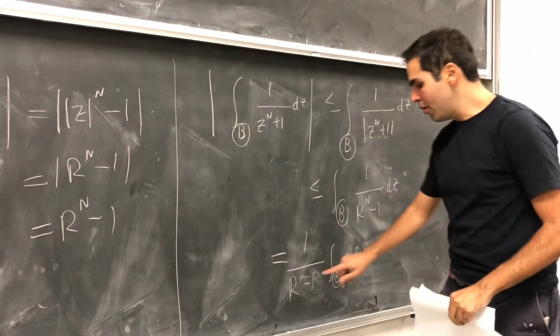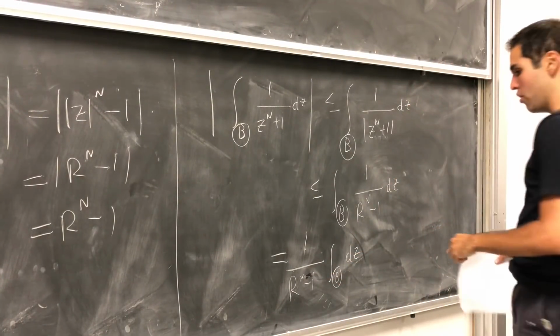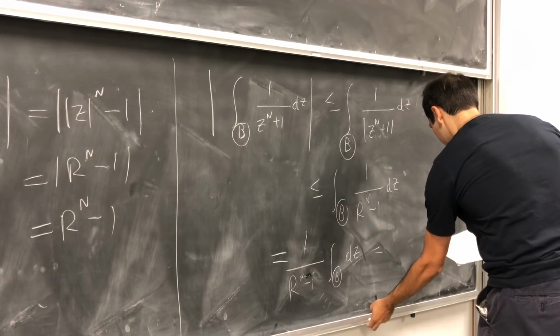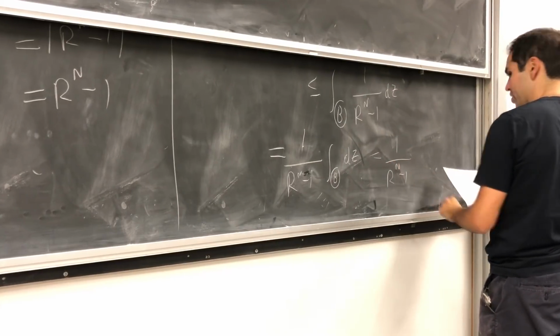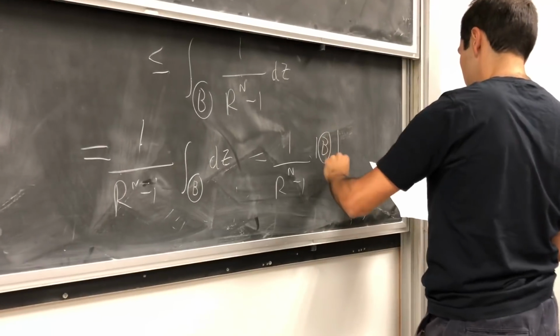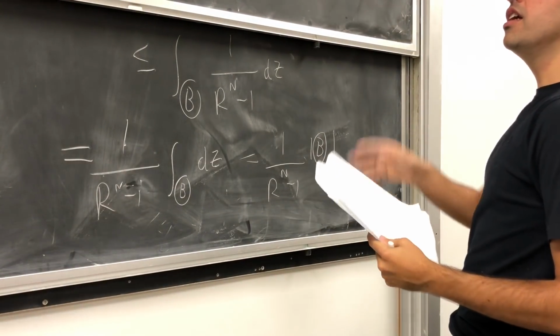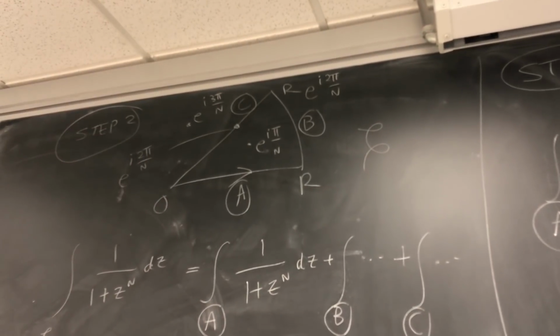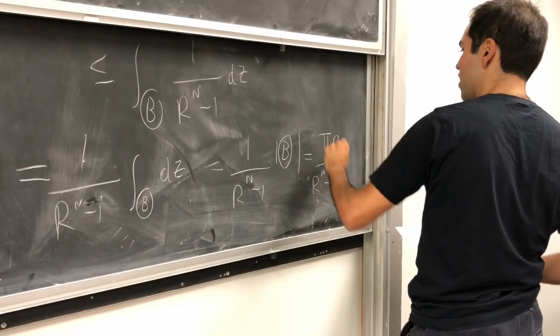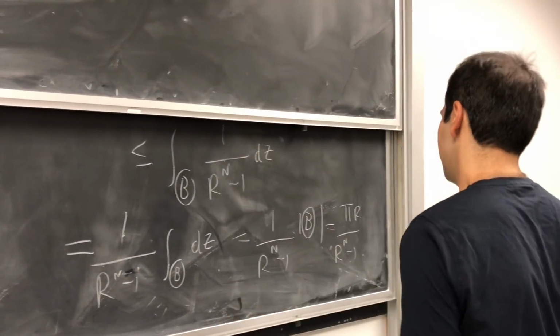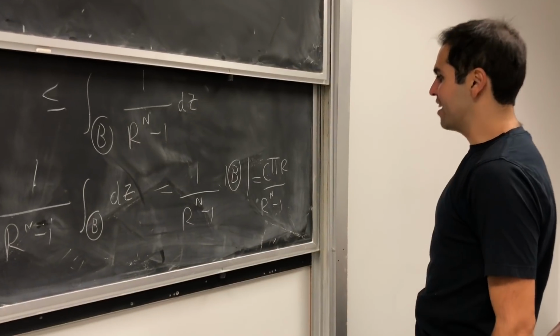But the integral of 1 is just the length of the curve, so this equals 1 over r to the n minus 1 times the length of B. Then the length of B just becomes, let's see, 2 pi r times the angle, or not even that, let's just say a constant times pi r, just to make our life easier.